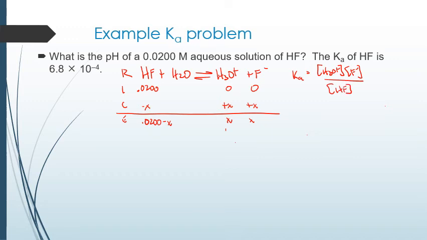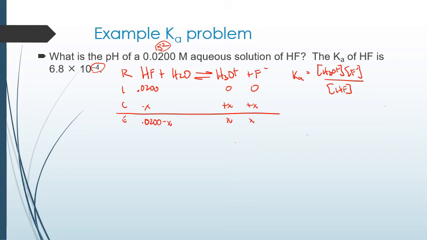So the first thing I want to do is make my assumption and see. When I look at this, this would be 10 to the negative 2, and this would be 10 to the negative 4. So once again, that difference being less than 3, I know that I'm going to have to do the quadratic equation.